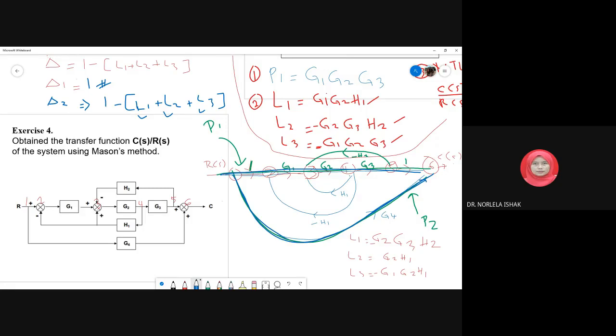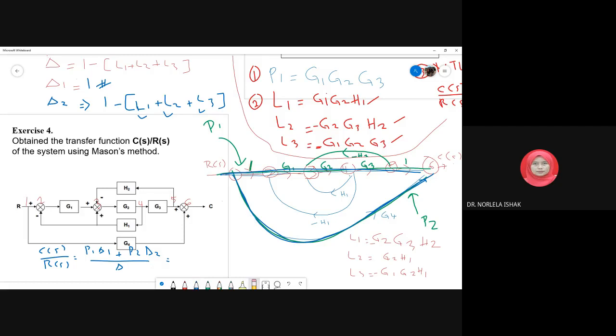Okay, right. So this is your cofactor number 2, and then from there you substitute into the formula. Okay, Rs equal to P1 delta 1 plus P2 delta 2 over determinant.